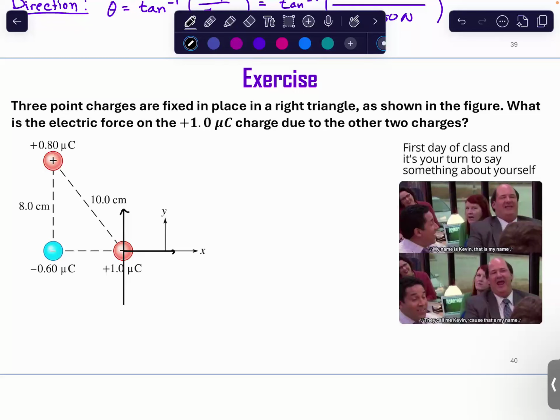So between the negative 0.6 microcoulomb and the 1 microcoulomb, that's going to be an attractive force.